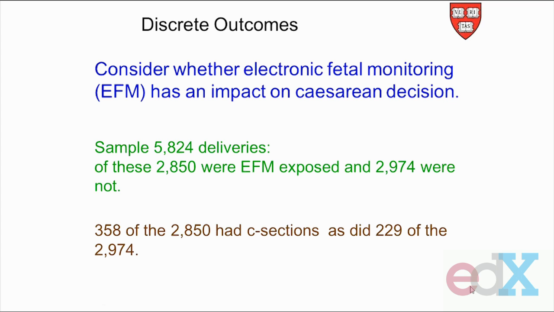So of the 2,850 who were EFM exposed, 358 had a C-section, and of those who were not exposed to EFM, 229 had a C-section.